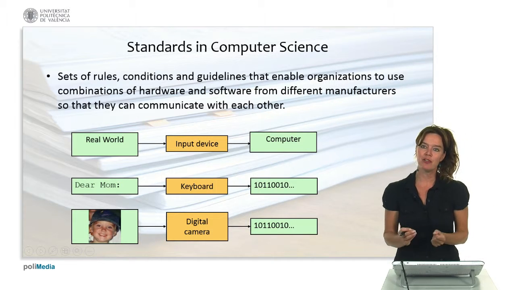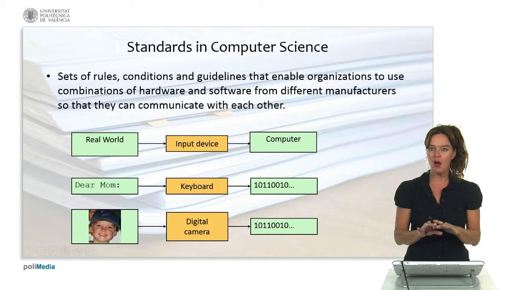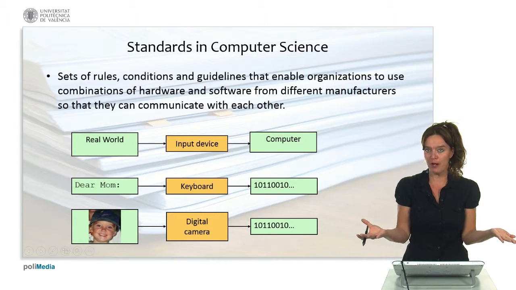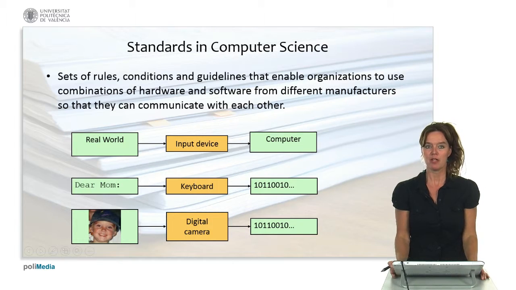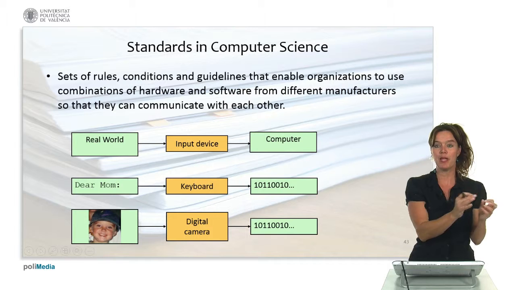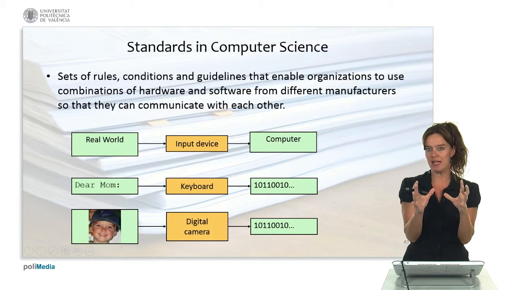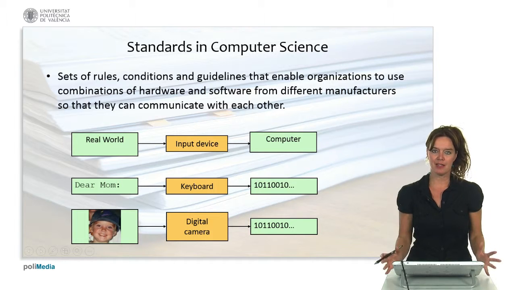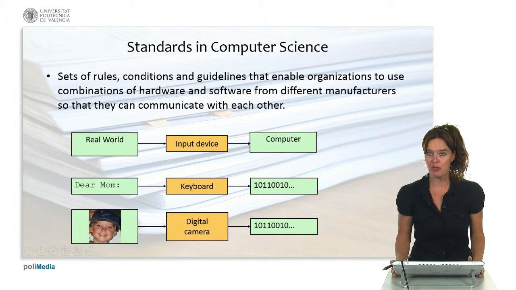So we need standards that define how to communicate, and then it doesn't matter where the software or hardware comes from. So for example, we have the real world data, we have an input device that puts data into the computer. So if we want to standardize that, for example, keyboards and digital cameras need to know how to communicate with computers.